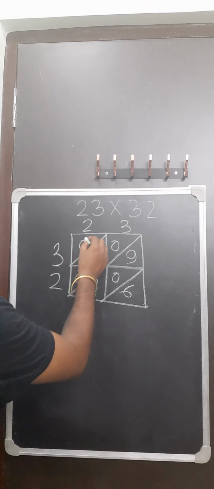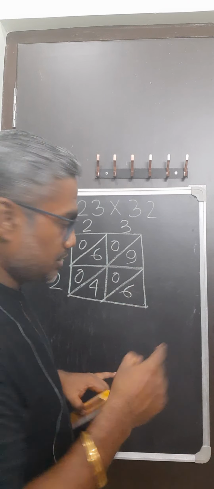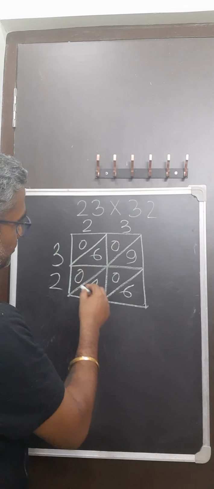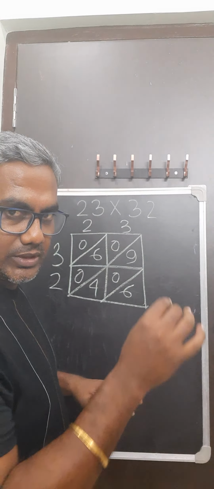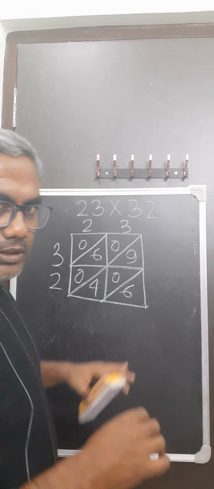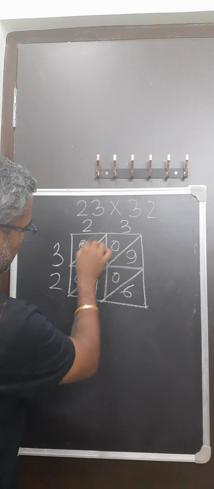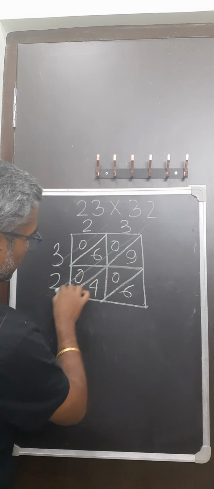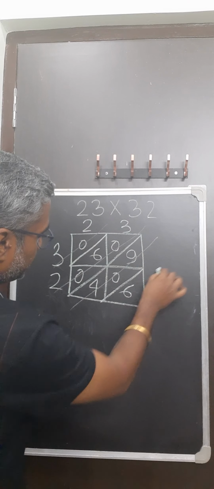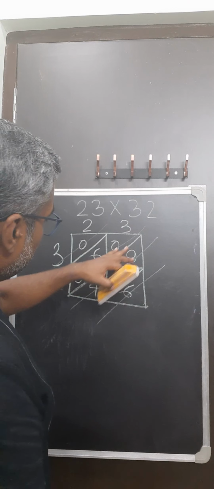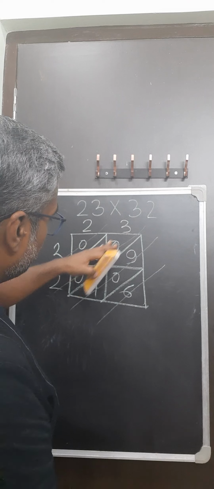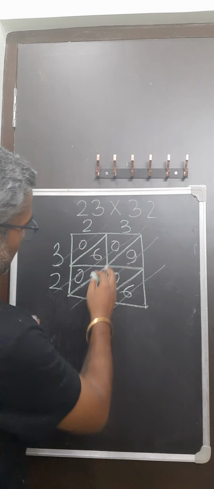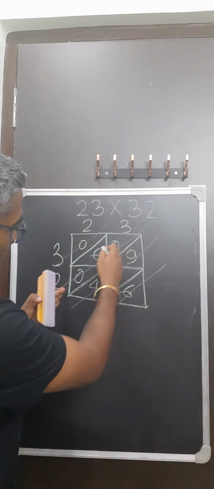Now I will strike these numbers with a pattern. You just follow it. I will strike it diagonally. Whichever numbers are cut by a single line, I have to calculate those numbers together.